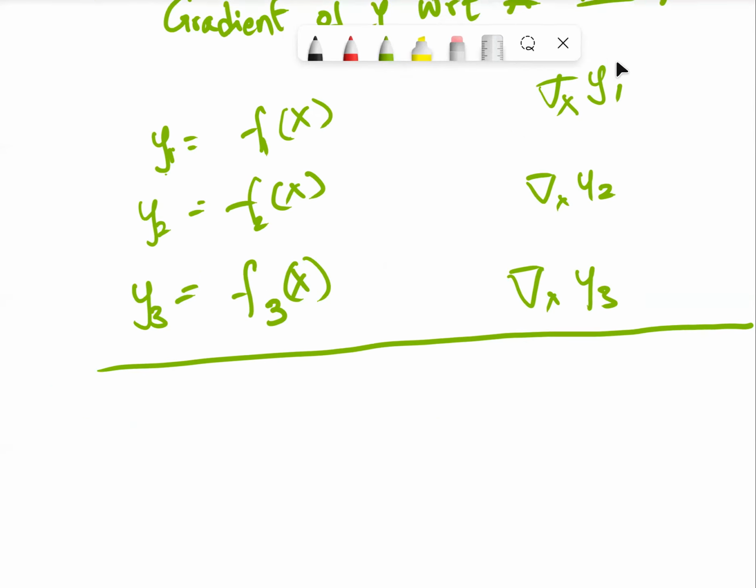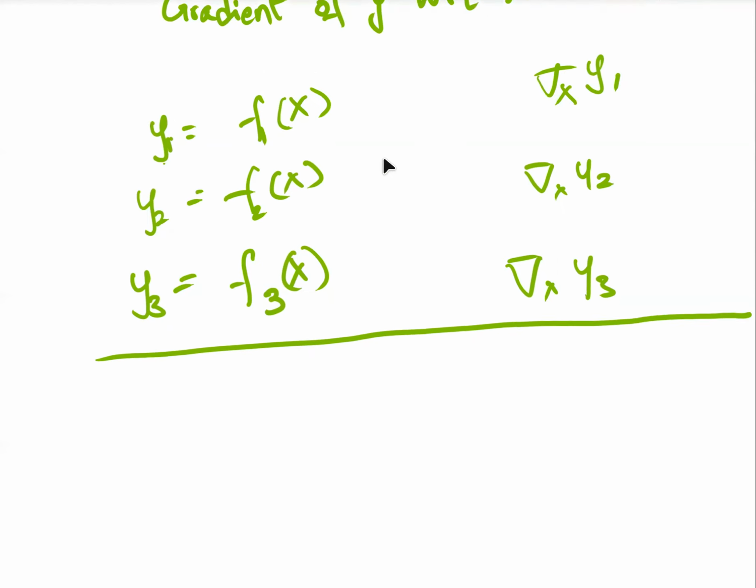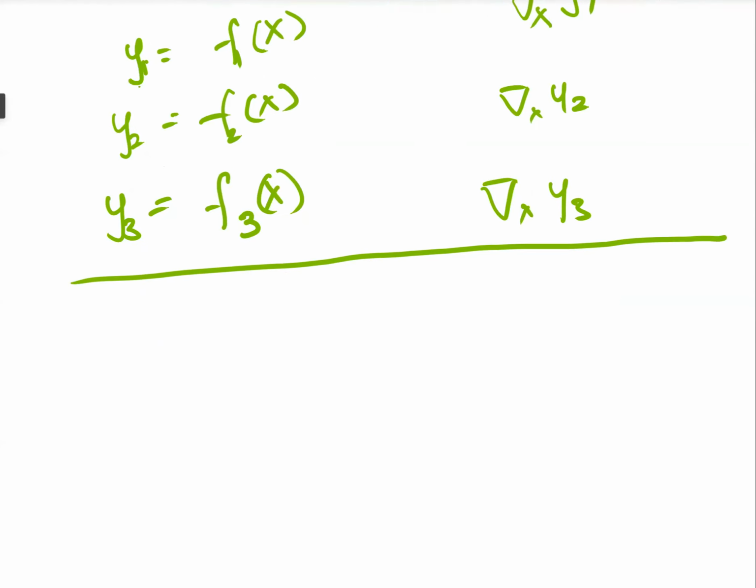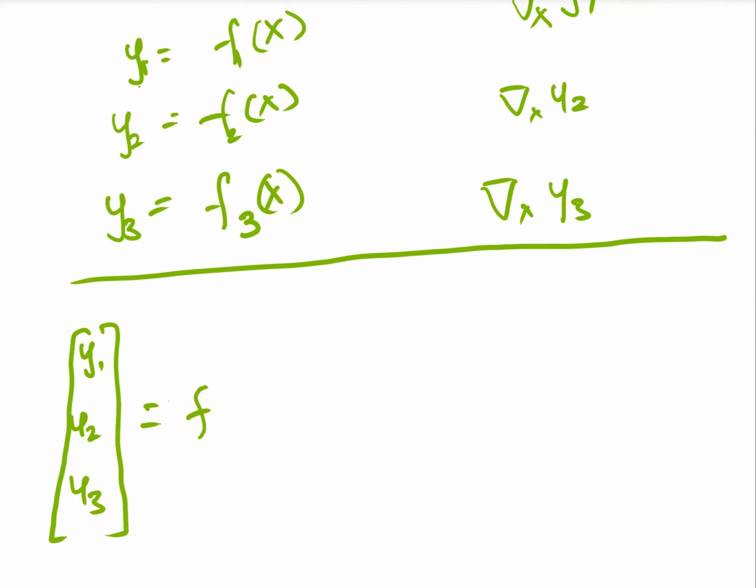I can say y1, y2, y3 simply by stacking the y's on top of one another. There's f, where this f is a function which is also a stacking of f1, f2, and f3 of x, right?